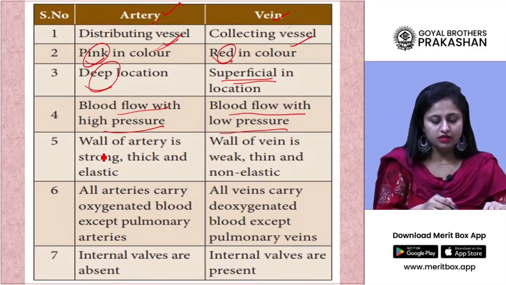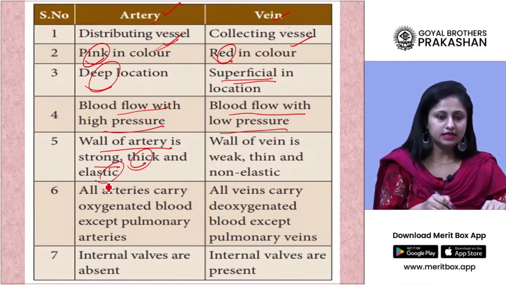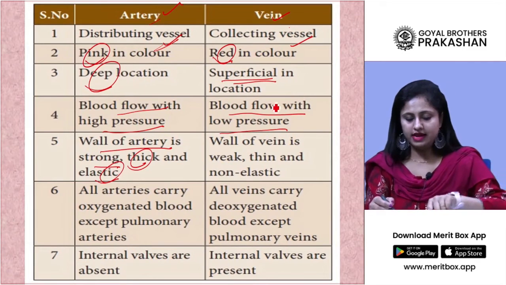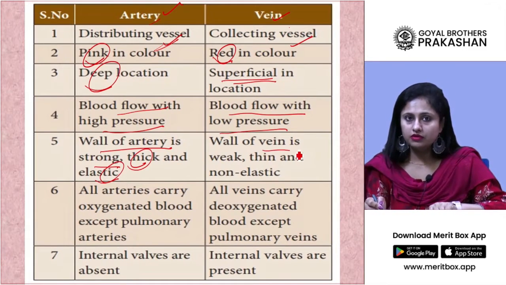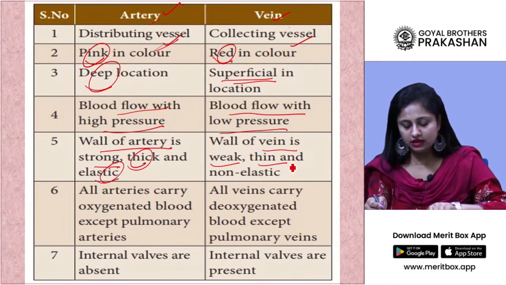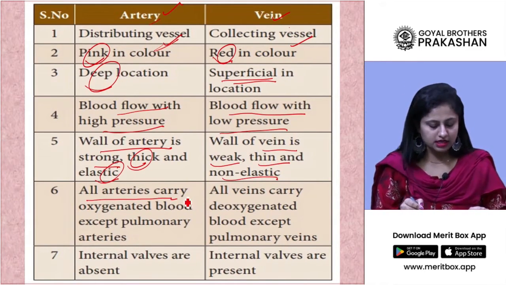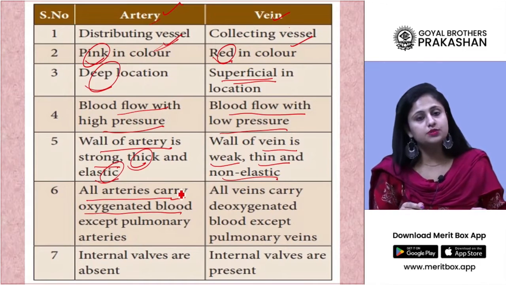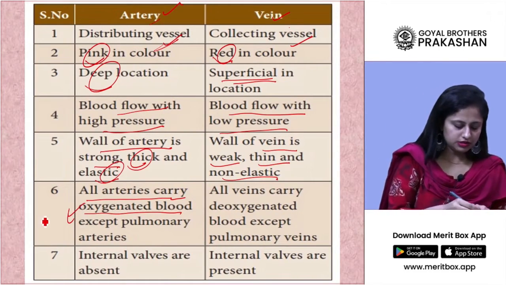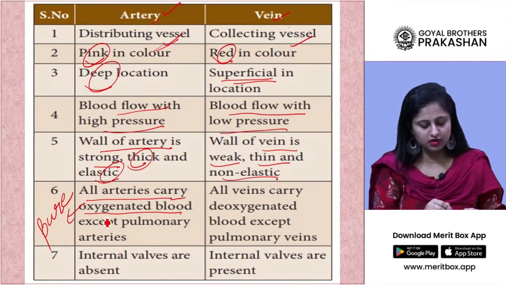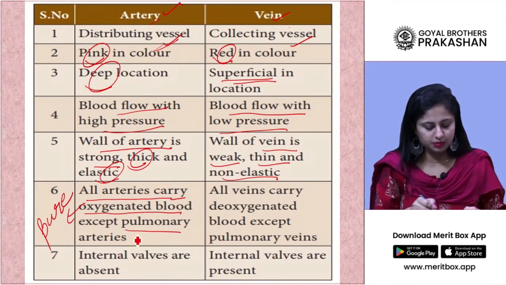Next, the wall of an artery is strong, thick and elastic. Next, the wall of a vein is weak, thin and non-elastic. All the arteries carry oxygenated blood, that is pure blood. So all the arteries carry oxygenated blood except pulmonary arteries.